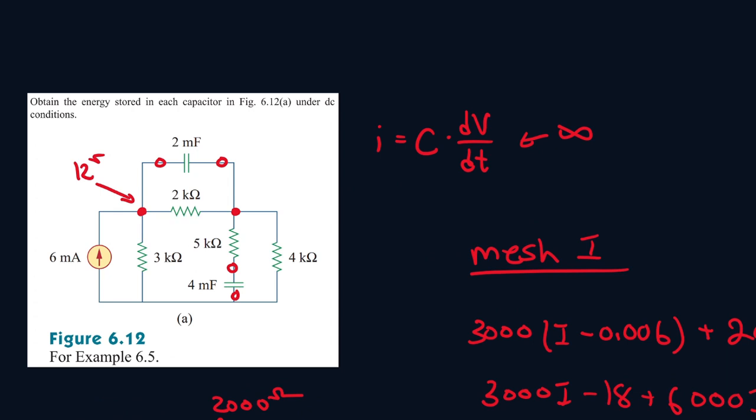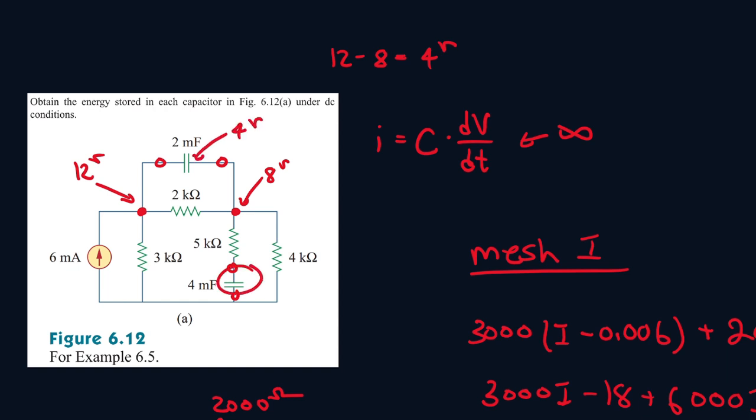So it'll be 12 minus 2000 ohms times 0.002 amps. So we get 8 volts here. Okay, so now the difference between 12 and 8. So 12 minus 8, what does that give you? That gives you 4 volts. So the voltage at this capacitor will be 4 volts.